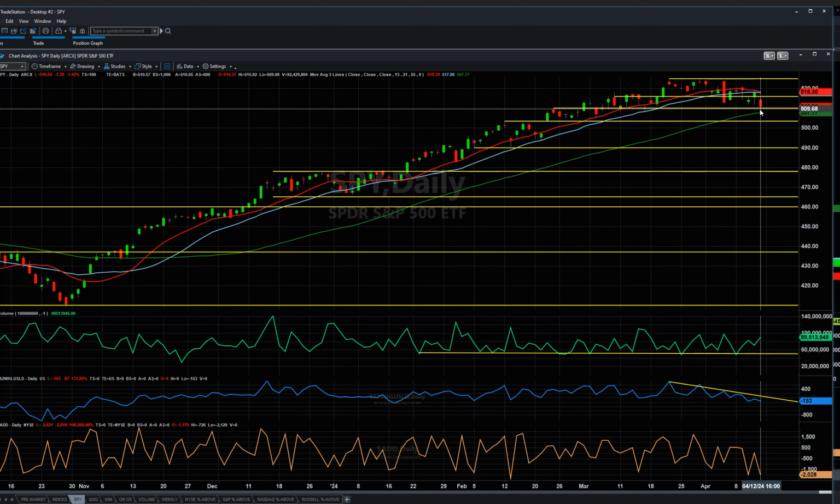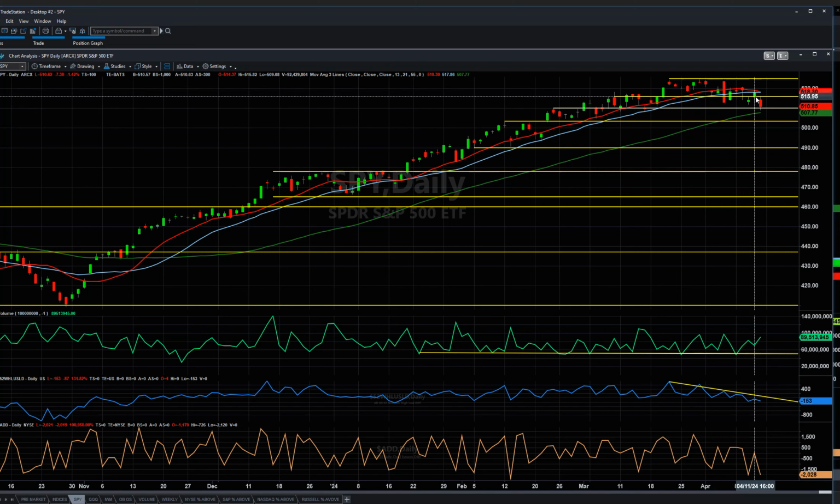On the other hand, if they get run over, if you see some type of move back to the upside, and then you see sellers come in and really hit the market hard and then trade through 510 in the spiders, that's going to suggest that the probabilities have increased even more, because those guys that get run over buying the dip are not going to step back in and buy the dip the next time.